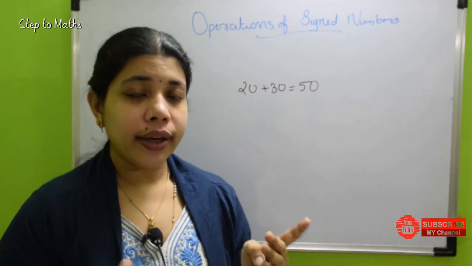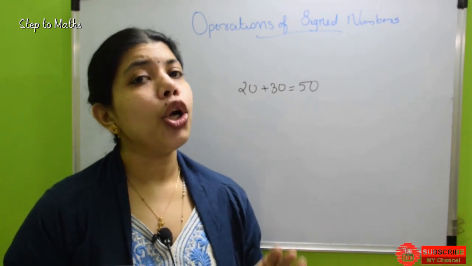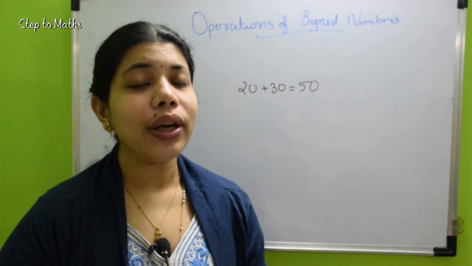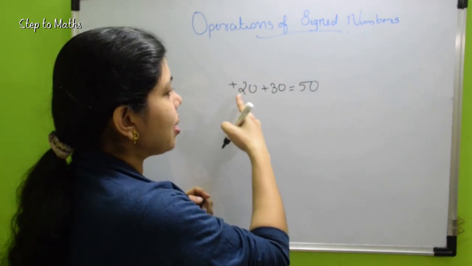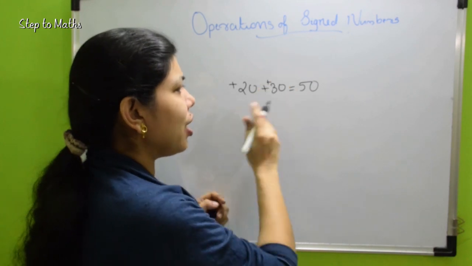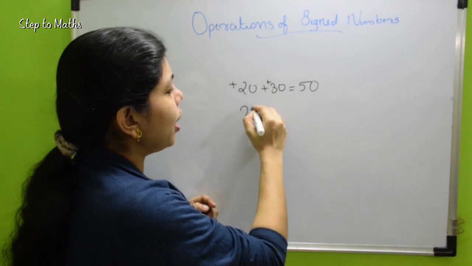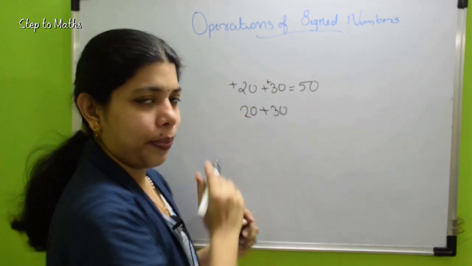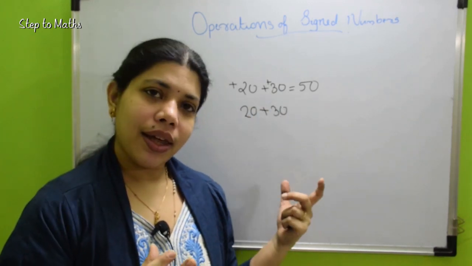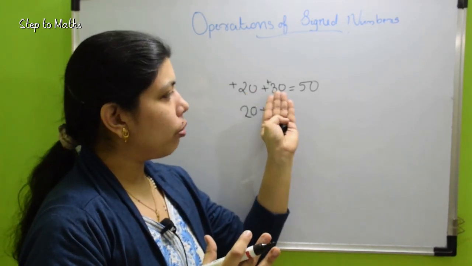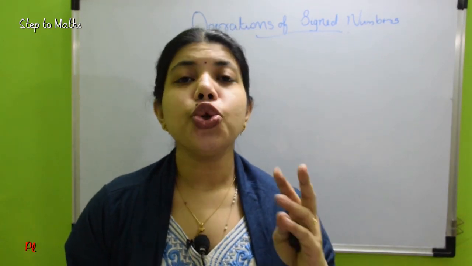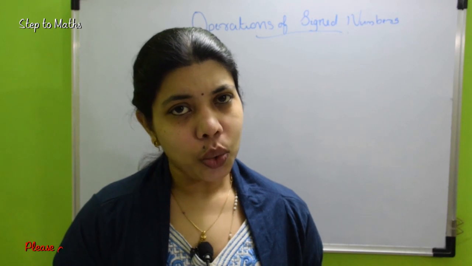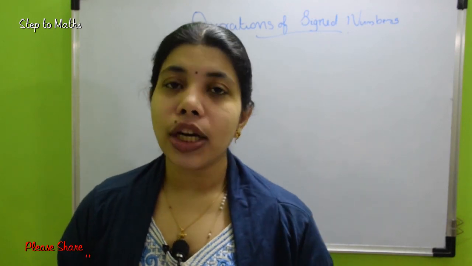Signs are not given. That means by default they are positive numbers, or the signs are plus. Instead of writing plus 20 plus 30, we simply write 20 plus 30. We just add the numbers and we get the sum. That is, if the two numbers are positive, we just add the two numbers.